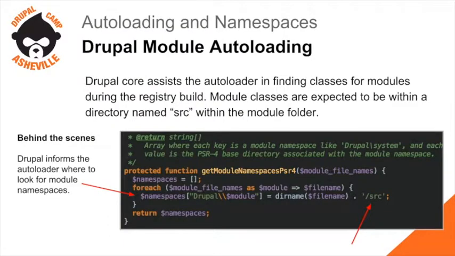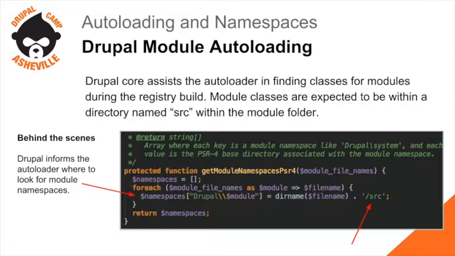So here's a function inside of Drupal where it's dynamically adjusting the autoloader to find module files. I thought this might be useful. Behind the scenes, it's taking a module file name. You can imagine this is like the autoloader. For the module name, we expect the namespace to start with Drupal, the module name, the directory, which is really the module name again, and inside the source folder of that module.